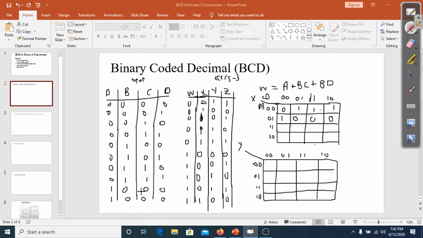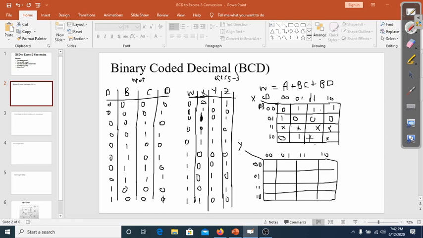Next 1 0 0 0, the output is 1, and 1 0 0 1, for this case the output is 1. So the remaining boxes are don't care conditions. Here I can put X X X. So these 6 boxes are for don't care.